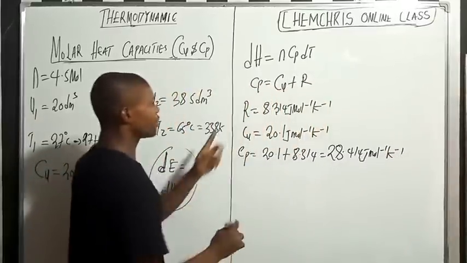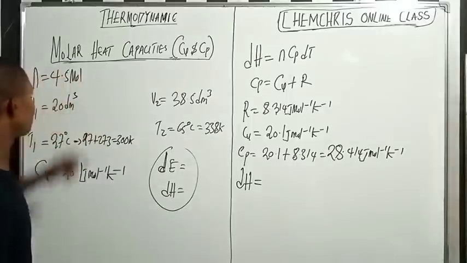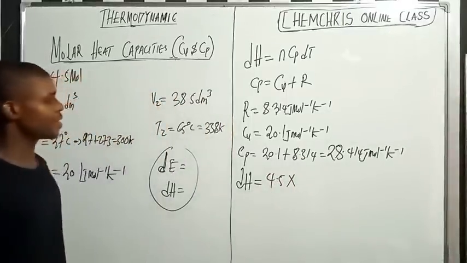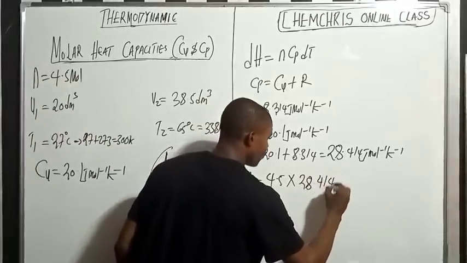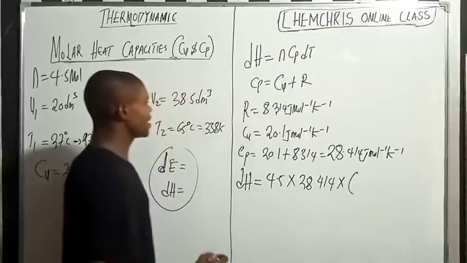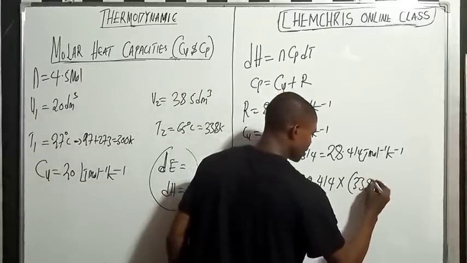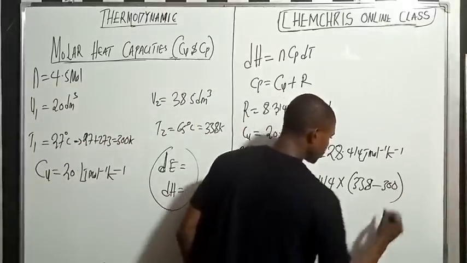So now let me pick our values. Change in H equals n, which is 4.5, times my Cp, which is 28.414, times my change in temperature, which is 338 minus 300.